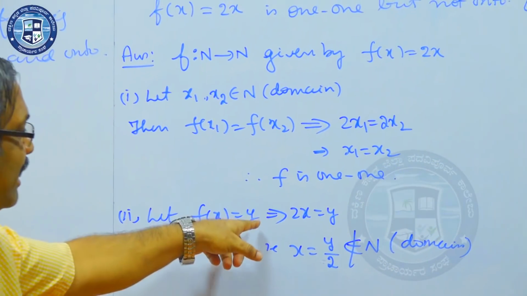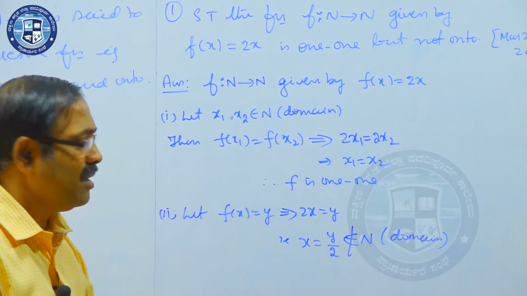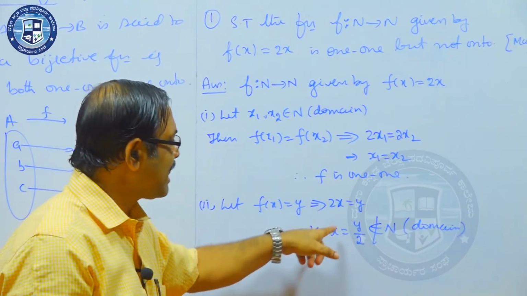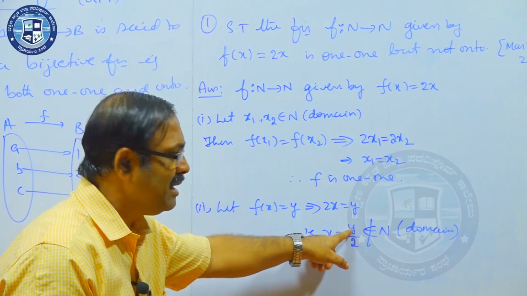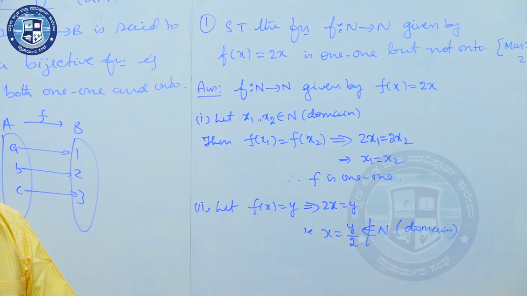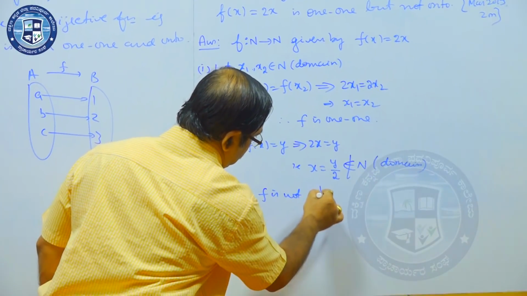But after taking this element of the second set, you have got x, but it is not belonging to N. Why? x and y all are natural numbers, they belong to N. Suppose if y is 1, x becomes half, it is not an element of N. Therefore, f is not onto.